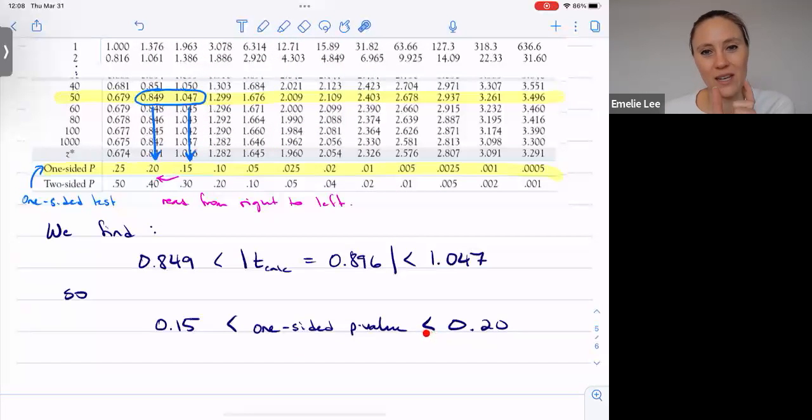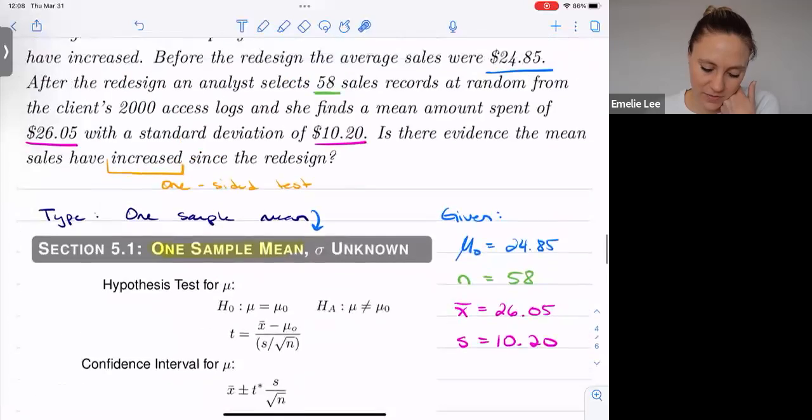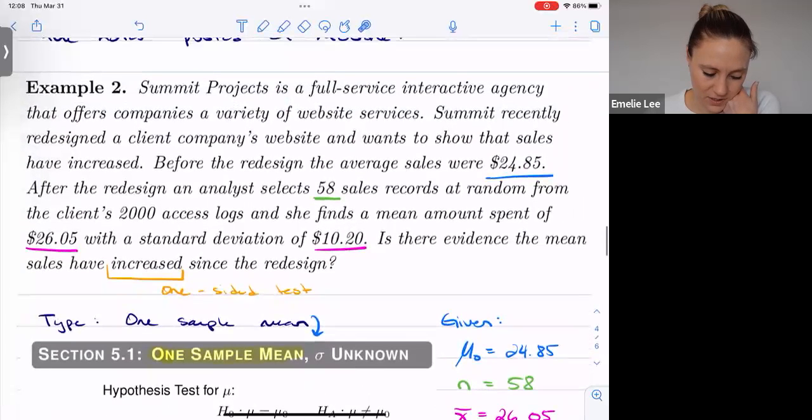But notice how that interval, right, it's all above 0.05. So even the lowest value, 0.15, is greater than 0.05. And I think we were asked to use a significance level.